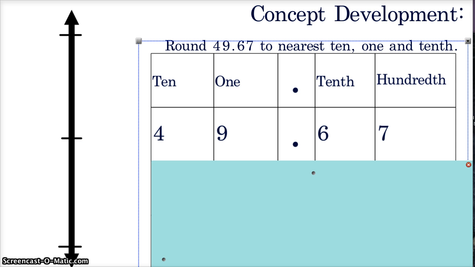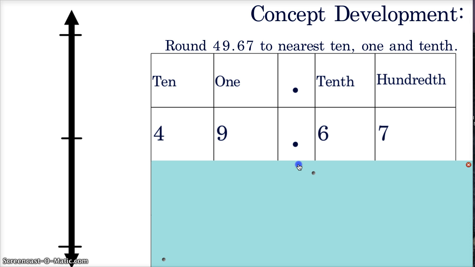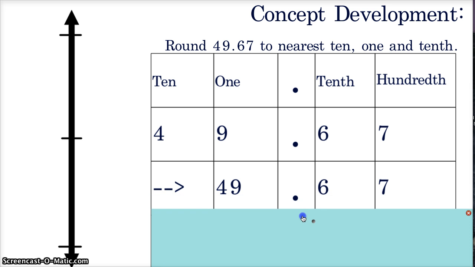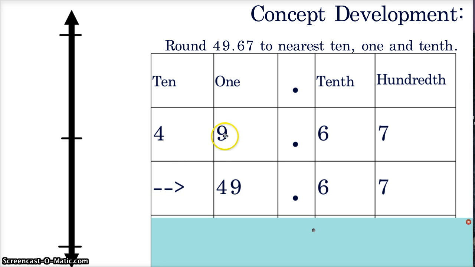Let's do the ones. So if I want to round this number to the nearest ones, this is where I start to do what's called decomposing my number. So I'm taking it from a 10 and I'm moving it down to my ones. I'm taking my 4 blocks of tens and I'm changing it into 49 ones. I'm decomposing that number.